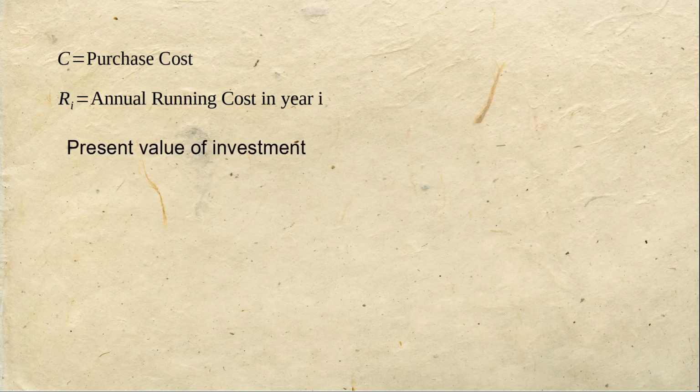Let's say for any machine, C is the purchase cost, Ri is the annual running cost in any year i. The present value of investment on the machine is going to be Pn = C + R1 + nu R2 + nu squared R3. That is, we discount the annual running costs to year 0.